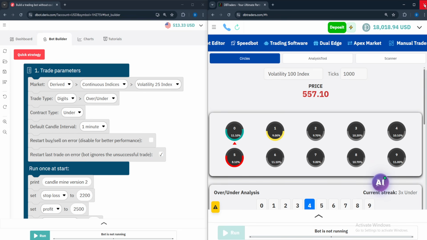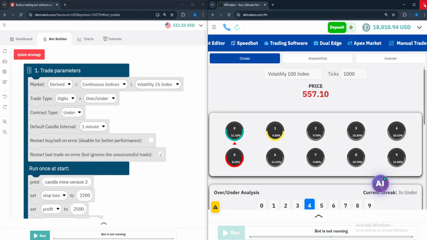I repeat, ensure 1, ensure 2, ensure 3 are all above 10.5%. The reason for this, we want these numbers to be as strong as they can, okay? Basically, we want the market to revolve a lot around the numbers below 4, okay?